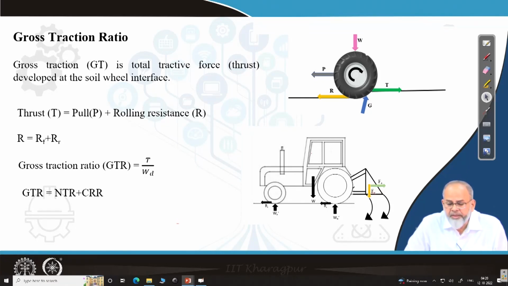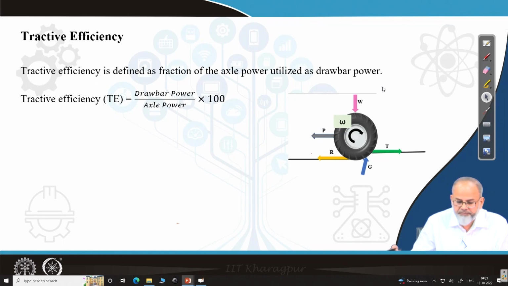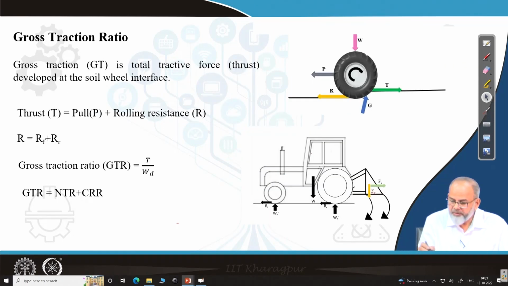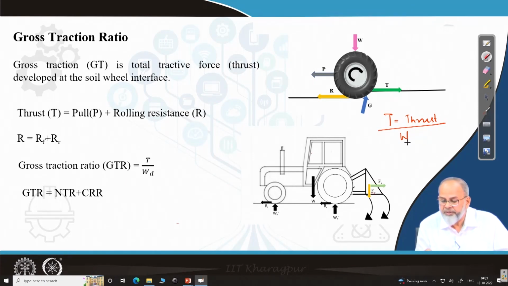It is in the same way. Weight means if it is a single wheel, then we simply divide it by, if T is the thrust developed, then thrust divided by weight. If it is a single wheel, whatever weight is coming on the wheel, I can directly take as W.